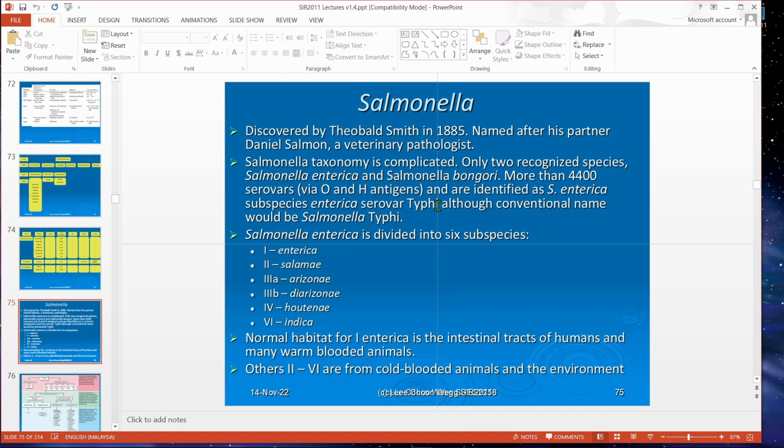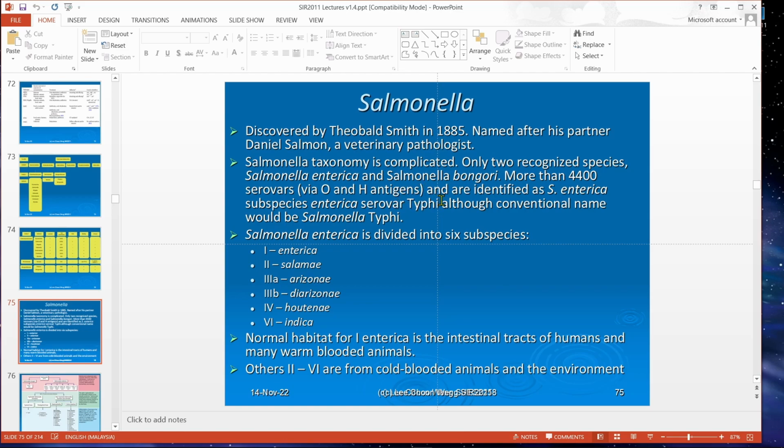Can you imagine how you target 4,000 species with just serology? It's impossible. That's why they only target the ones that are important: Typhi, Typhimurium, Paratyphi.